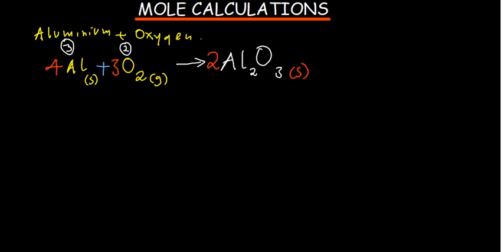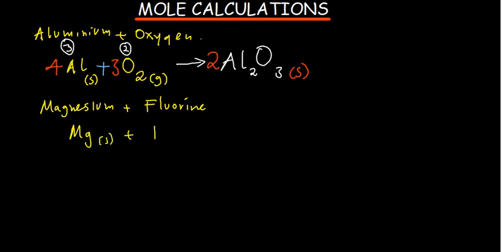When you want to determine the balanced chemical reaction between magnesium and fluorine, the periodic table is something that will always be provided, so you don't need to worry about it. Magnesium and fluorine. Well, the symbol for magnesium is Mg. This is a solid.